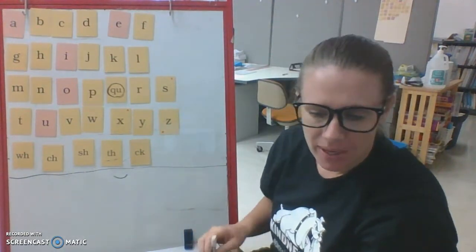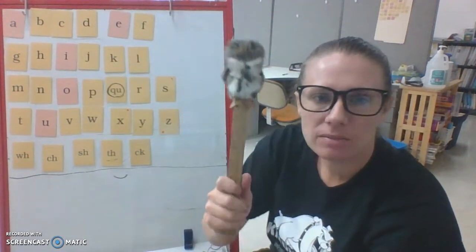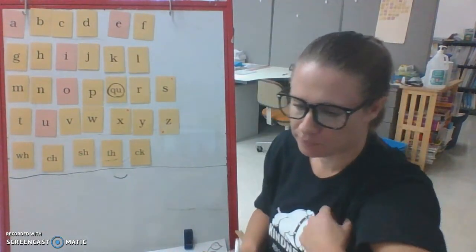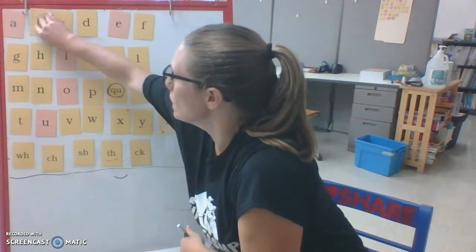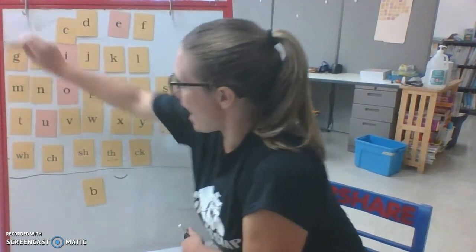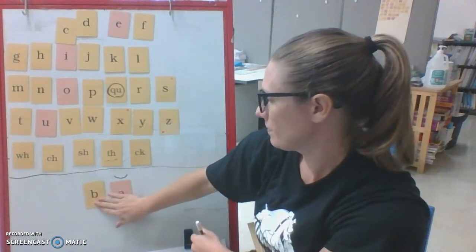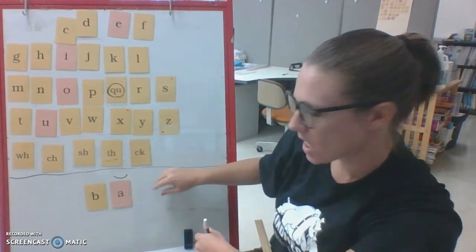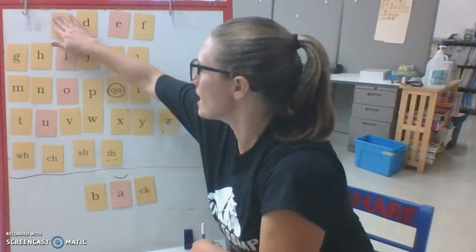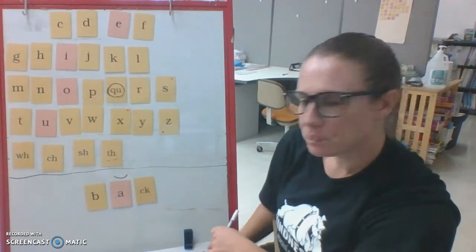All right, let's try another one. Back. Tap it and build it. B, a, k. It's gotta be CK because it's at the end after a short vowel.